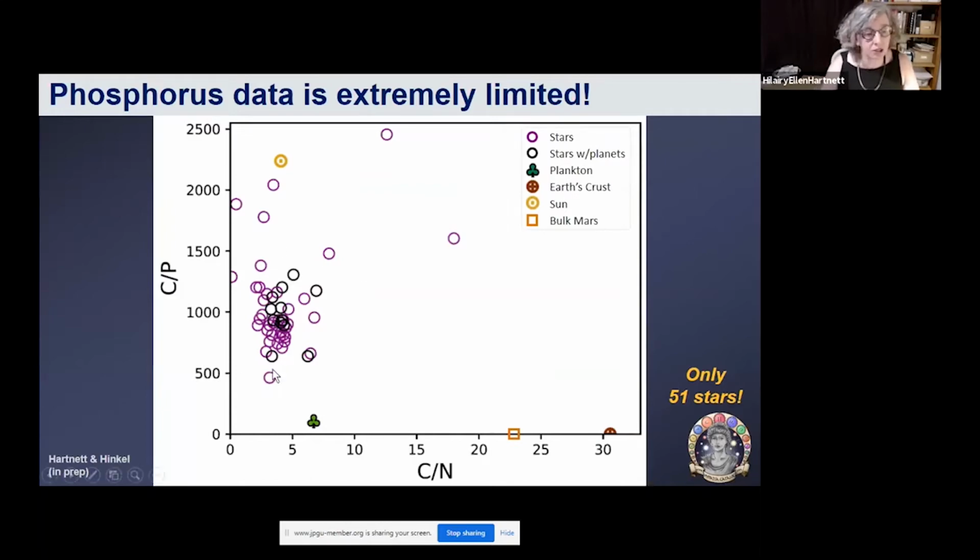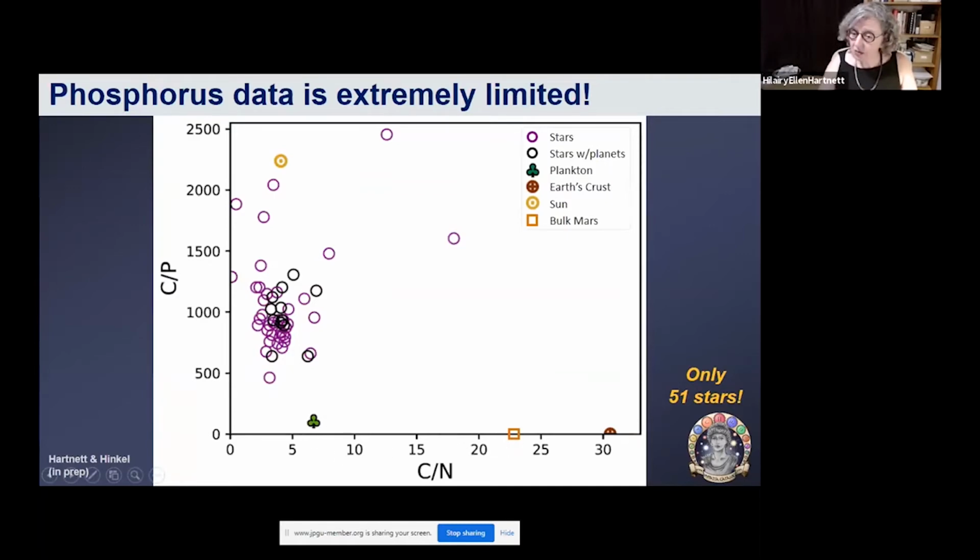There's a little bit of a group of data here, and our sun appears to be roughly similar on a sort of carbon to nitrogen ratio basis, but substantially higher in a carbon to phosphorus ratio, which implies that the phosphorus is quite low. Earth is over here, Mars is here, and plankton is down here.